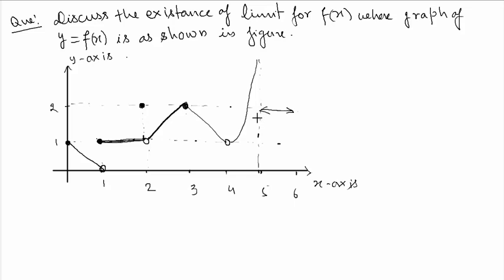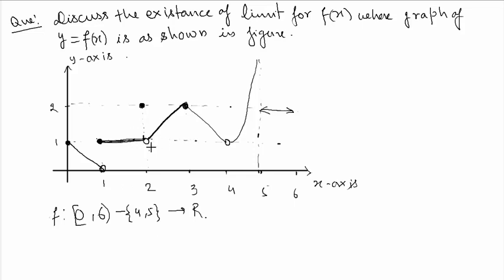This is an open bracket at this point. So let's say f(x) has domain 0 to 6, and we do not have a value of the function at 4 and 5, so we need to remove 4 and 5 from the domain. This is the function as we are approaching here.